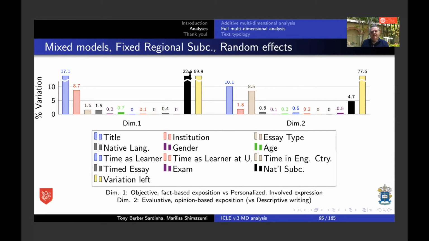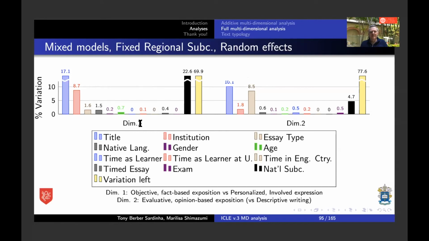And here's the national subcorpus, 22%. But there's about 70% of variation left unaccounted for. So there's lots of variation not accounted for with this model. With dimension two, title accounts for 10%, much less for institution, and then essay type. So you see the dimensions are different.